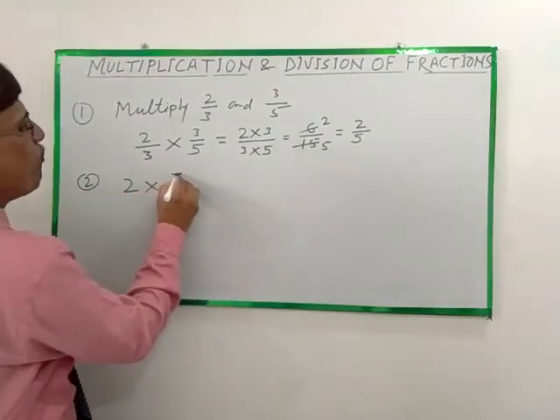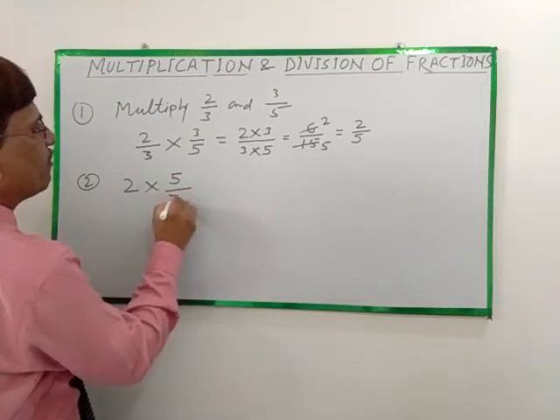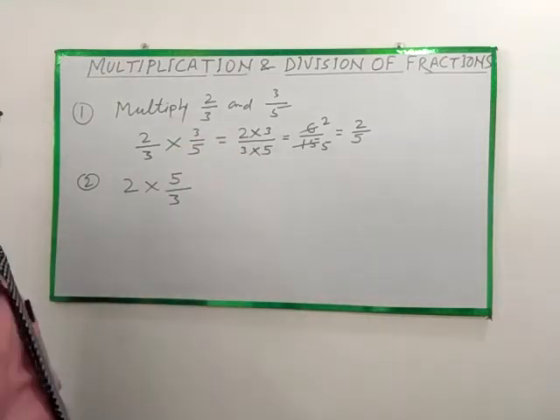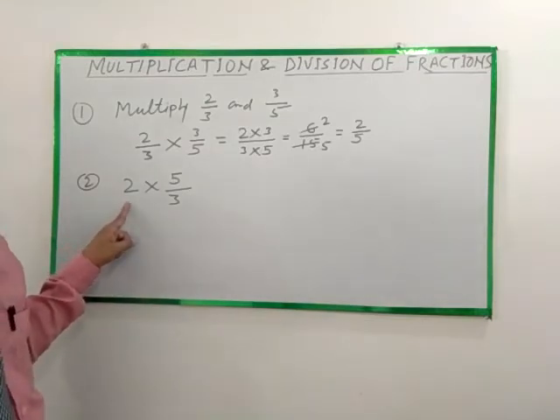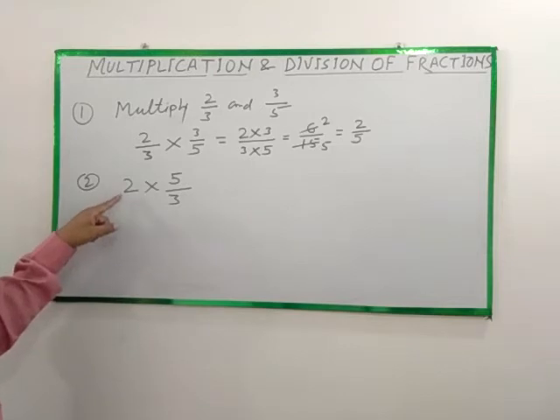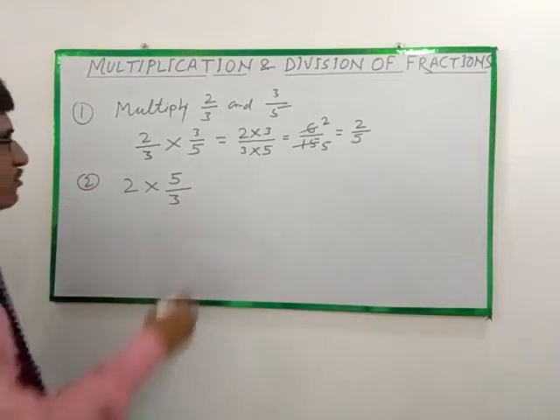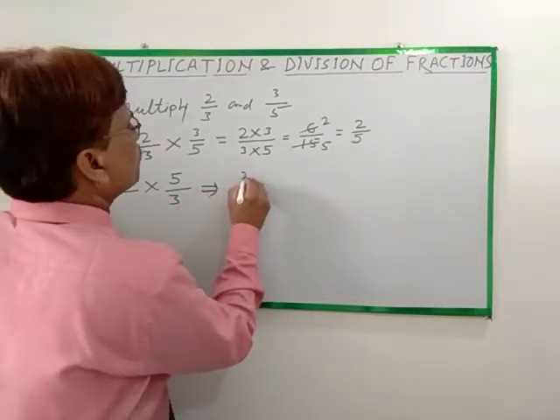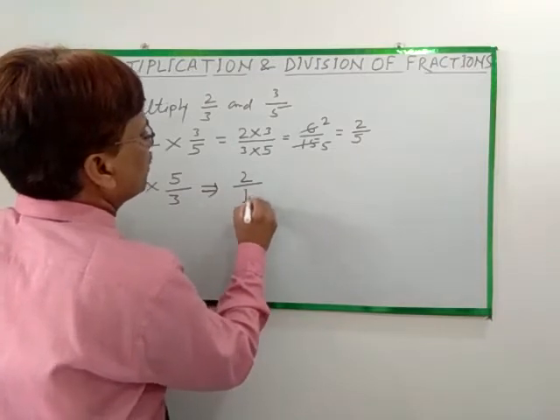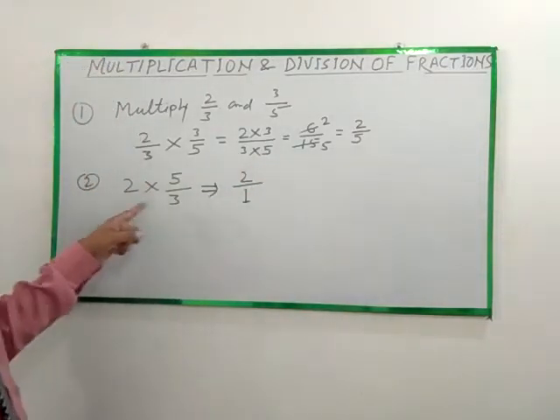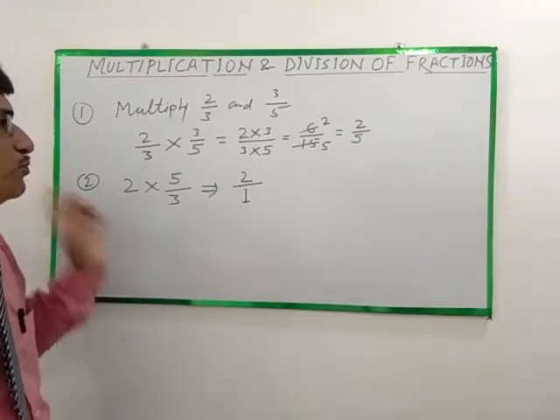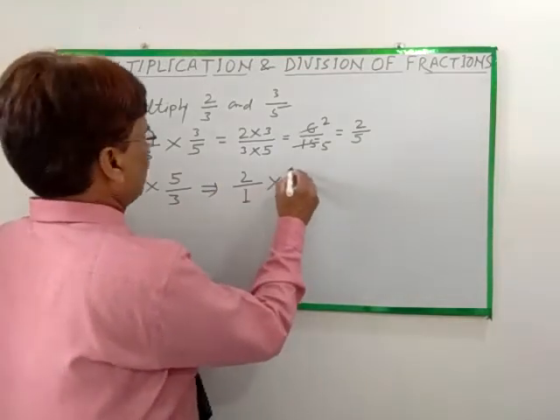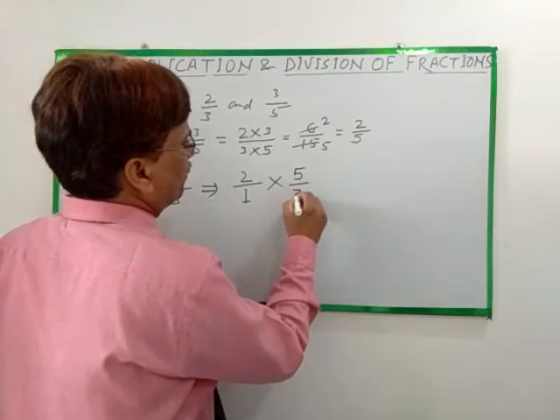2 into 5 by 3. Okay, 2 is a natural number, so we have to change it into a fraction. So we put 1 in place of the denominator. 2 by 1 means 2, into 5 by 3.